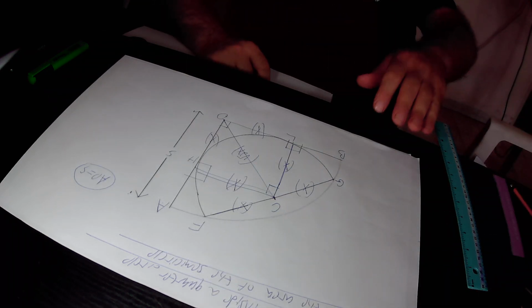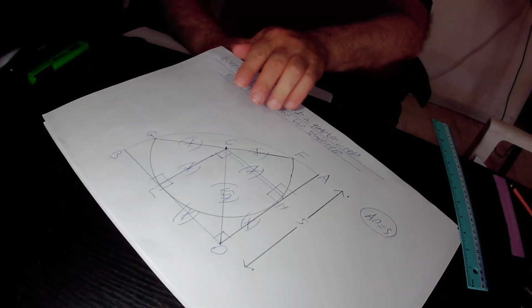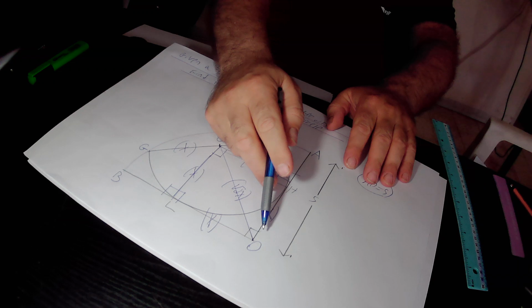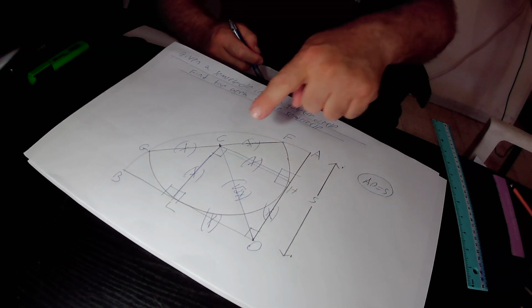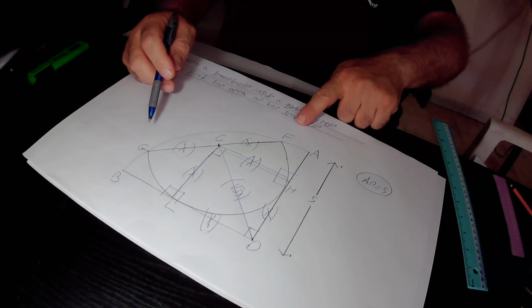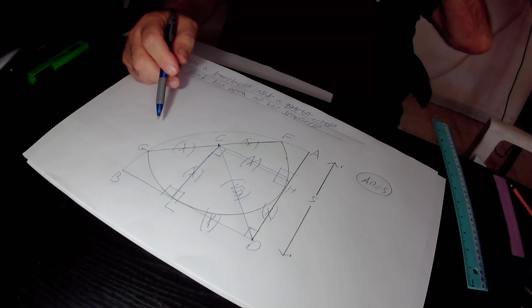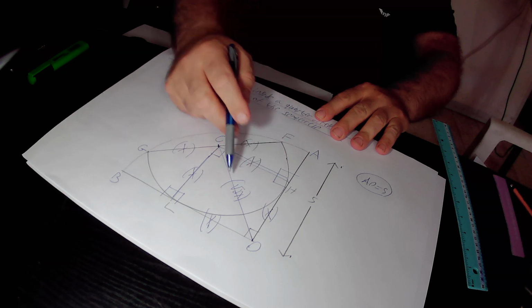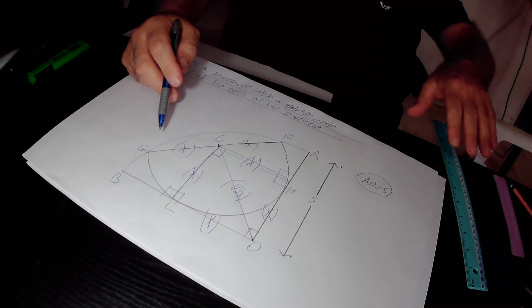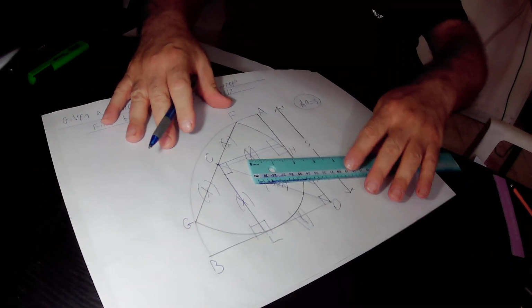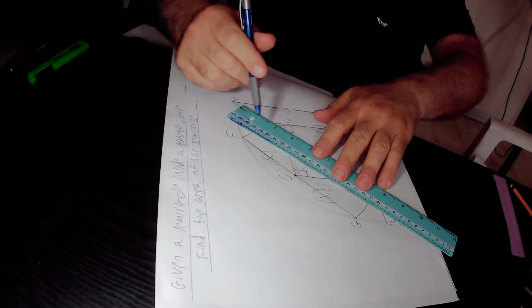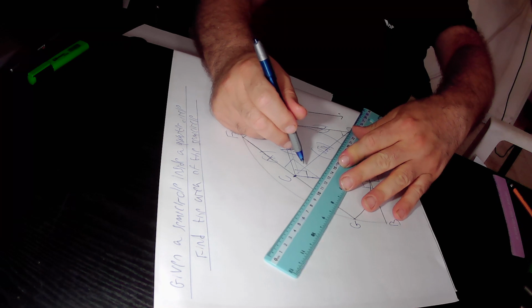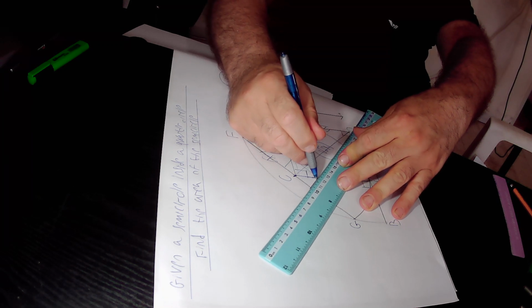Because in our drawing, from the center of the quarter circle, that is to say from point O, we have line segment OC that bisects chord FG. And therefore, according to rule 7, line segment OC will be perpendicular to chord FG. If OC is perpendicular to FG, it means that this angle equals 90 degrees, and this angle also equals 90 degrees according to rule 7.